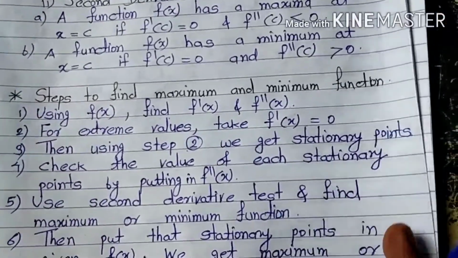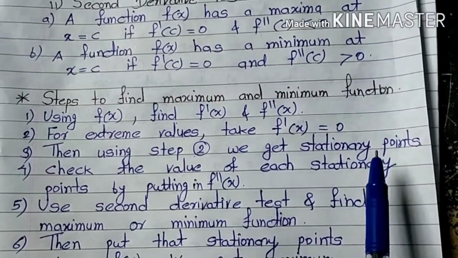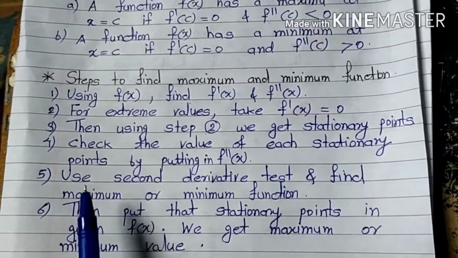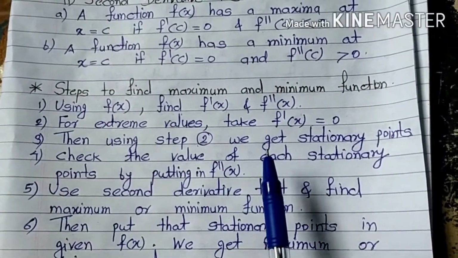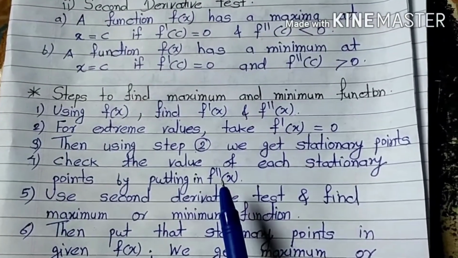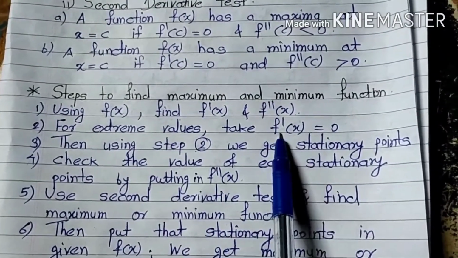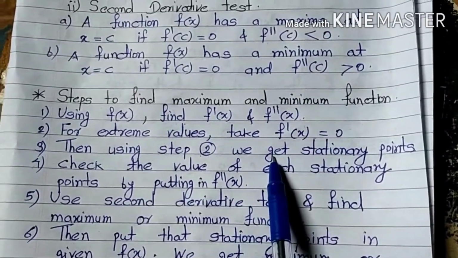Now there are a few steps to find maximum and minimum function. So what are those steps? First, using f of x, find f dash of x and f double dash of x. Then take f dash of x equal to 0. From this f dash of x we get stationary points.